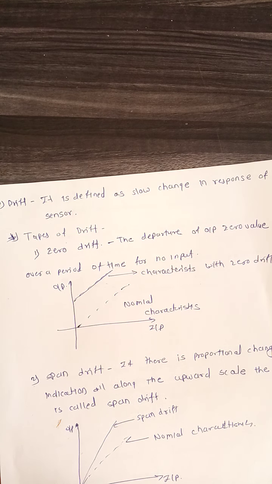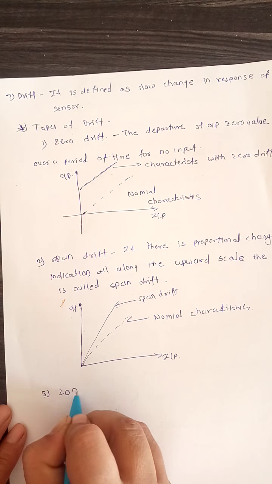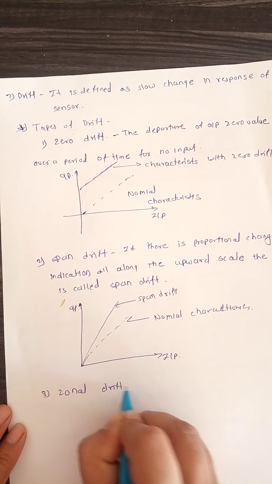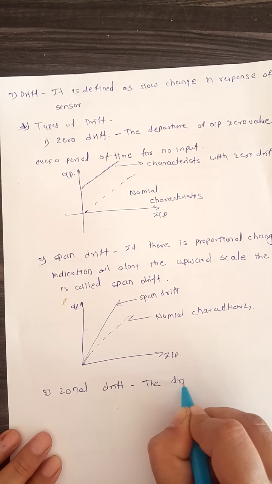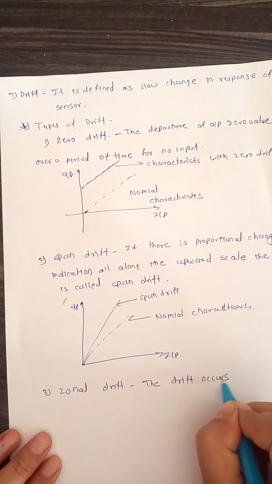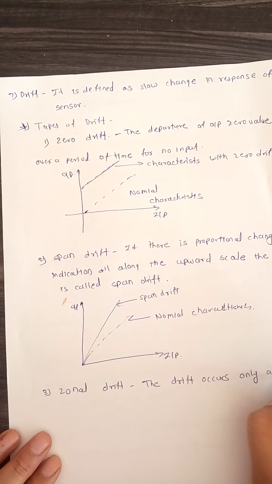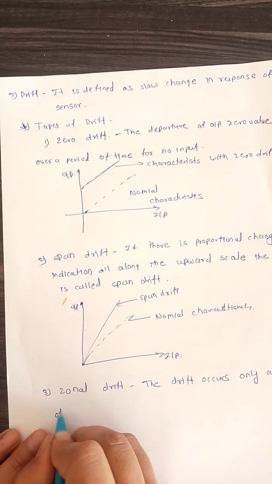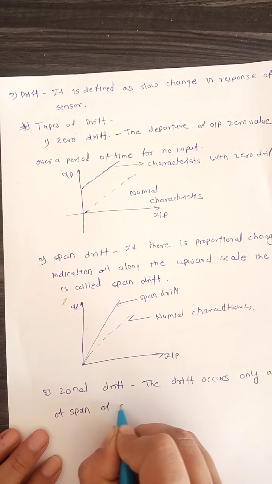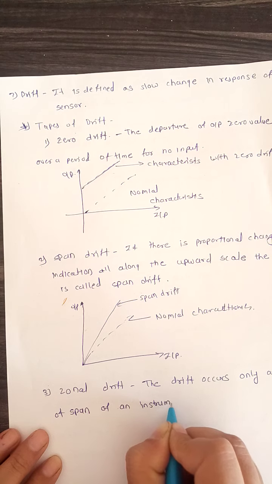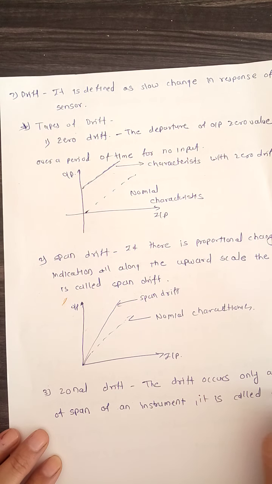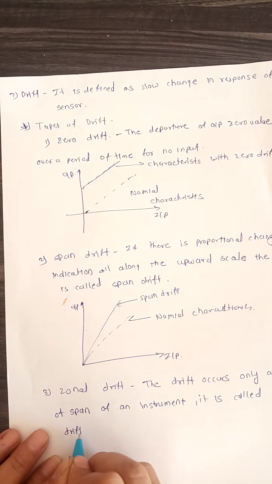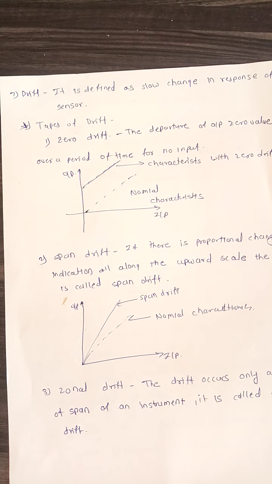The next type will be the zonal drift. The zonal drift is the drift that occurs only across a portion of the span of an instrument.